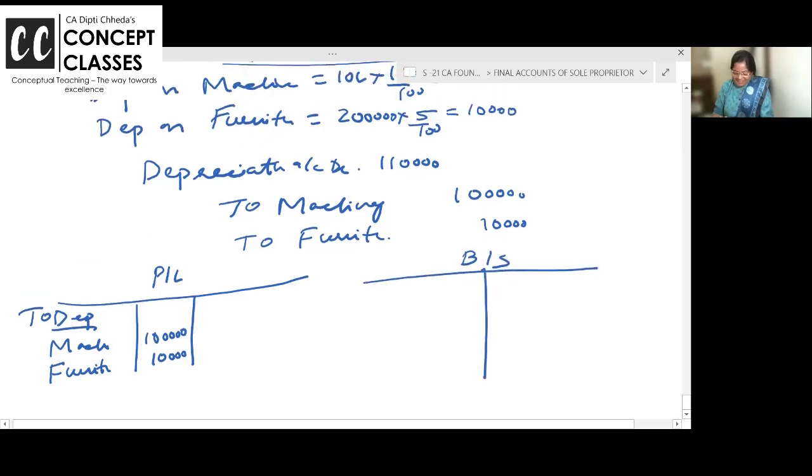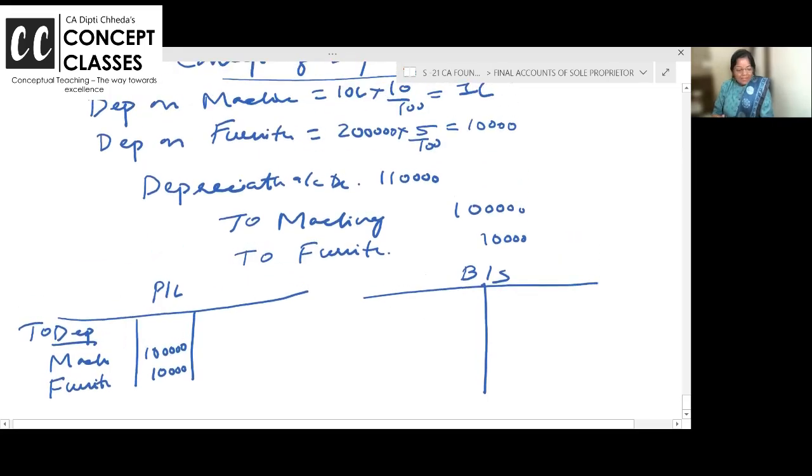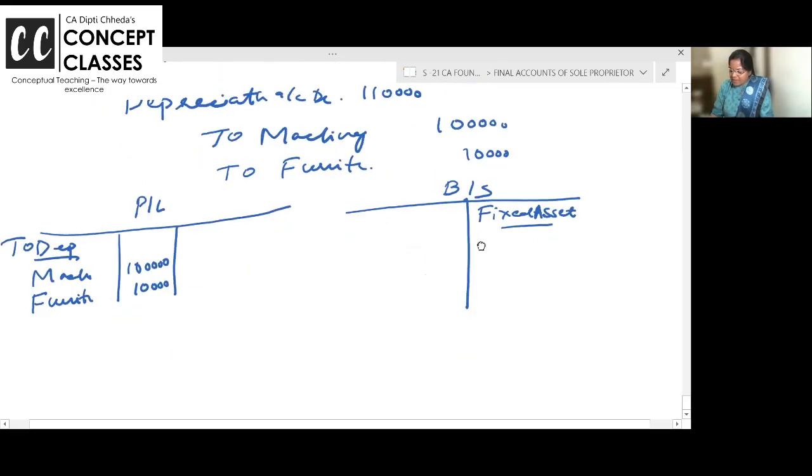Balance sheet. Okay. Balance sheet में we will write fixed assets. Start writing in fixed assets. Machinery. How much is machinery? 10 lakhs. Inner column. Minus depreciation 1 lakh. Outer column 9 lakh.